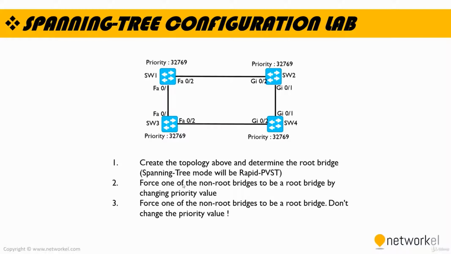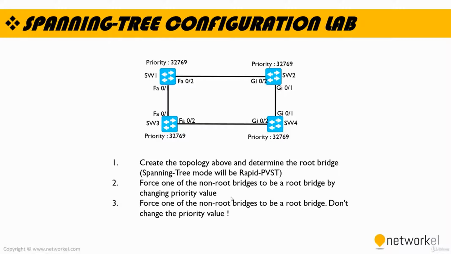Second, force one of the non-root bridges to be a root bridge by changing the priority value. And the last step is to force one of the non-root bridges to be a root bridge, but don't change the priority value.